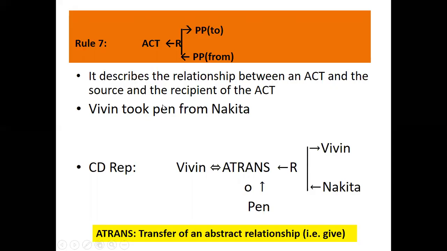The act was carried out on an object, the pen. So the source is Nakita, the recipient is Vivin. Source is Nakita, and the recipient relation, and why does the utterance transfer to giving, like a transfer of abstract relationship. So who is the recipient? Vivin, and the action was carried out on an object, the pen. So this sentence is represented in CD form.